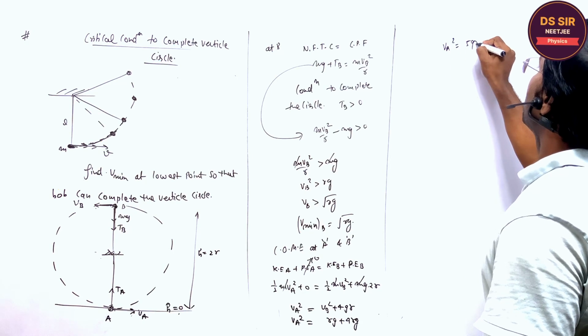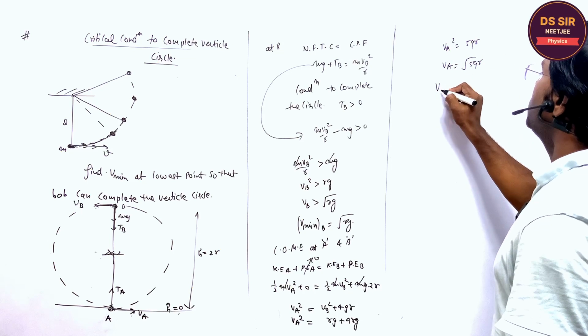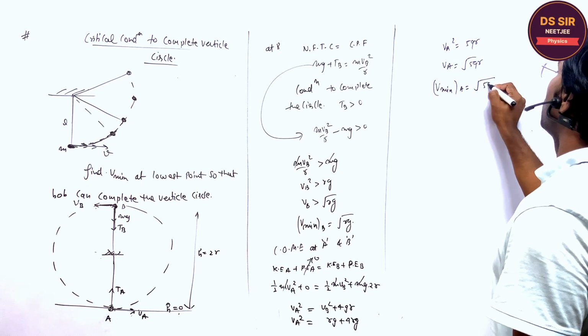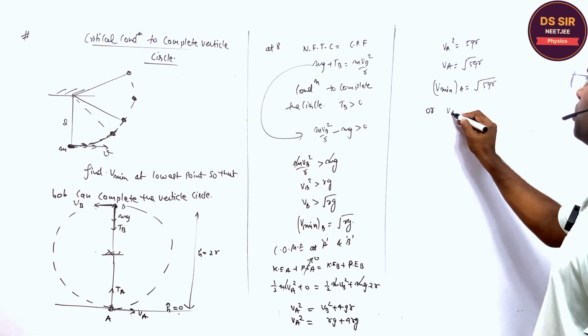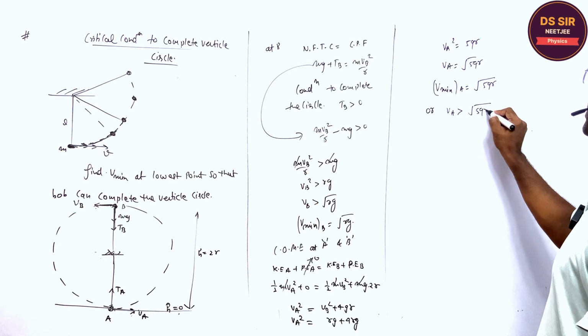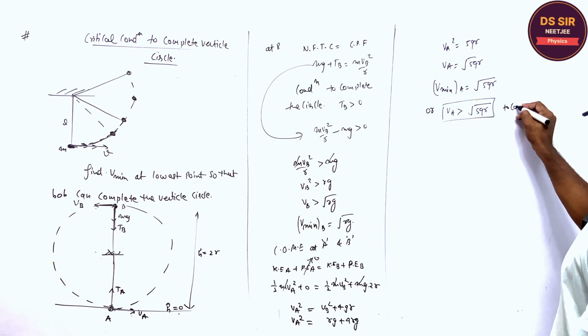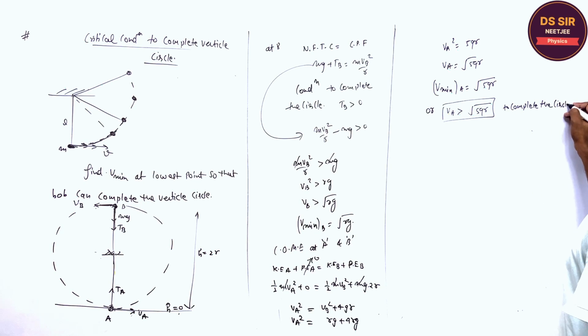Va square is equal to 5gr, so Va is root 5gr. So what is the minimum speed at A? It must be greater than root 5gr. Or you can say at A the speed must be greater than root 5gr to complete the circle. Is it clear now? Is it clear or not?